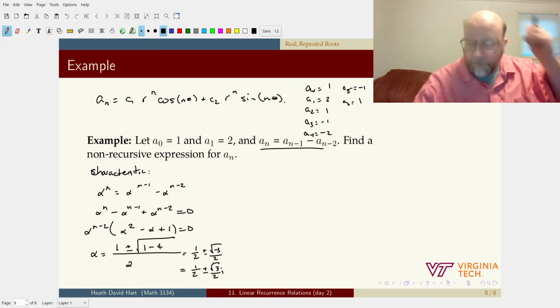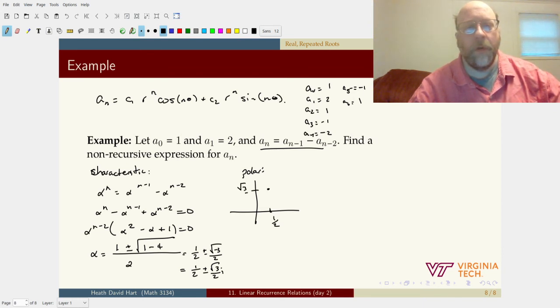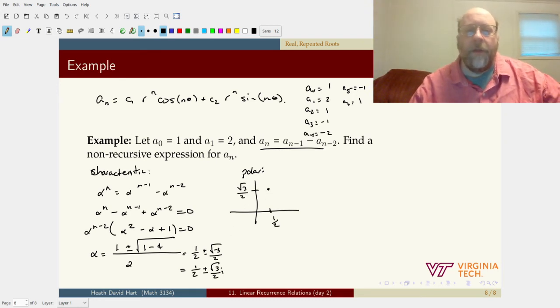Okay? Now we can convert this into polar by looking at the point 1/2. That's the real part. And then square root of 3 over 2. We're going to look at this point here. The radius is the square root of 1/2 squared plus the square root of 3 over 2 squared.